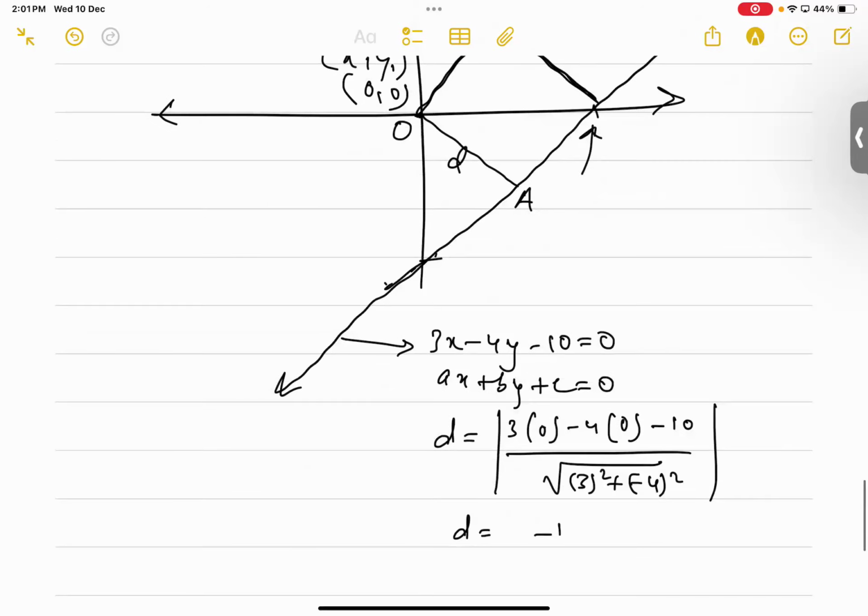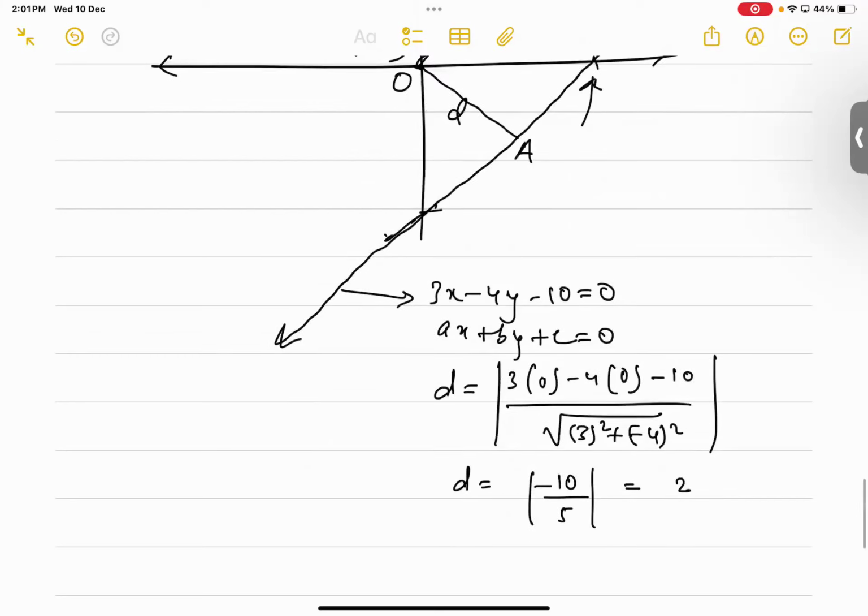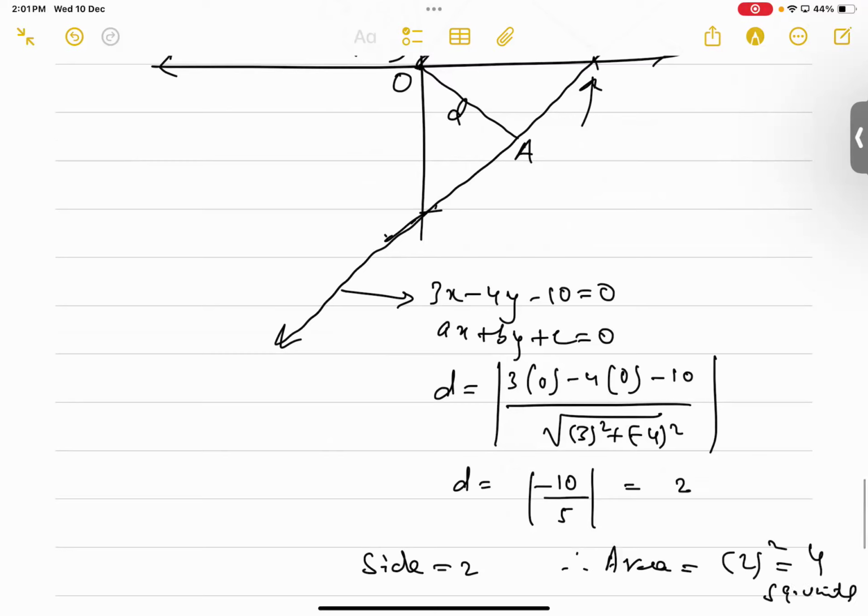So d is equal to minus 10 upon 5, modulus of which is equal to 2. So the side of the square is 2. Therefore, area will be 2 square, which is equal to 4 square units.